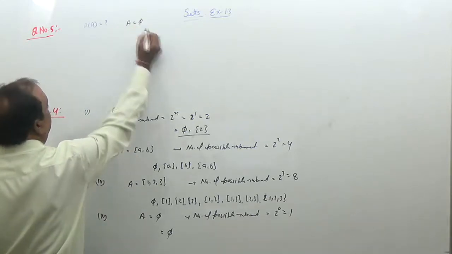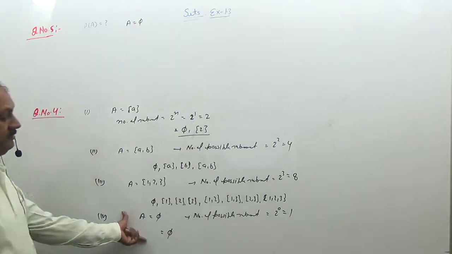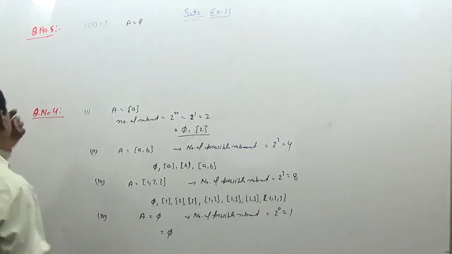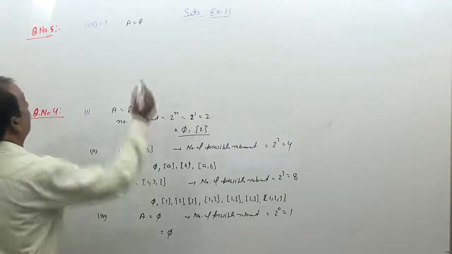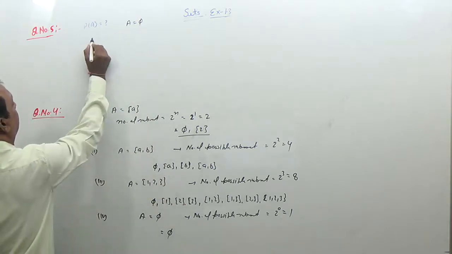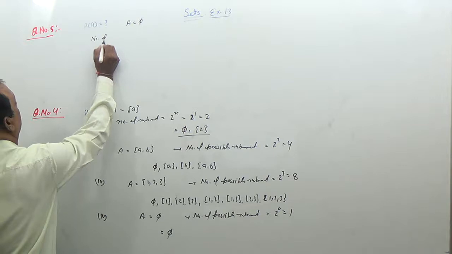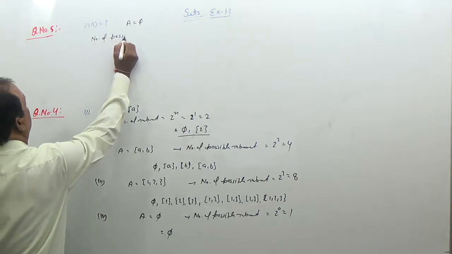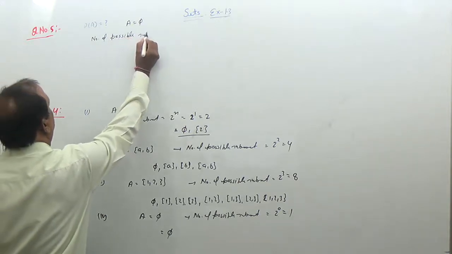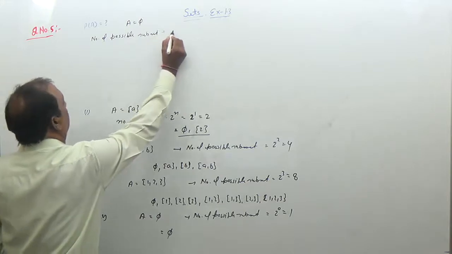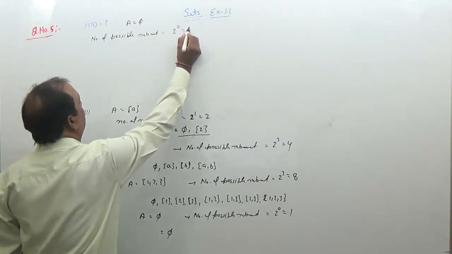First find out the number of possible subsets. These are 2 raised to the power 0, which is 1.